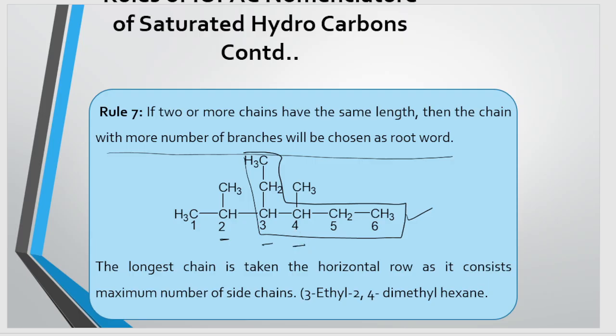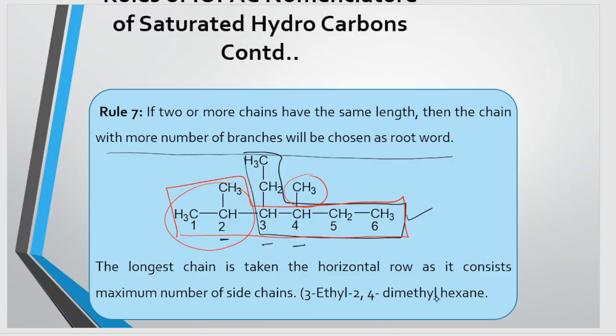But if we consider this L shape as the parent chain, in that case we have only two substituents. So the one with more substituents, the straight parent chain only, must be considered. That is what they are saying, because the straight parent chain is substituted by three groups. Understand?